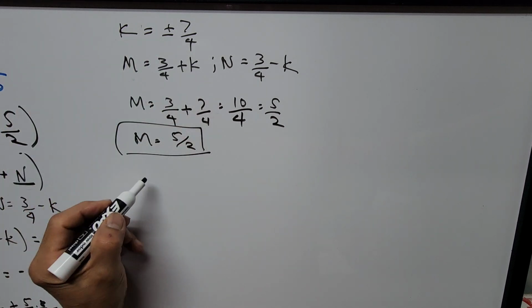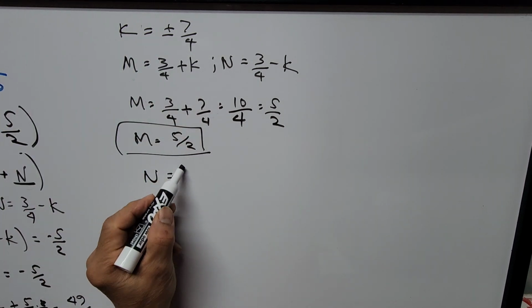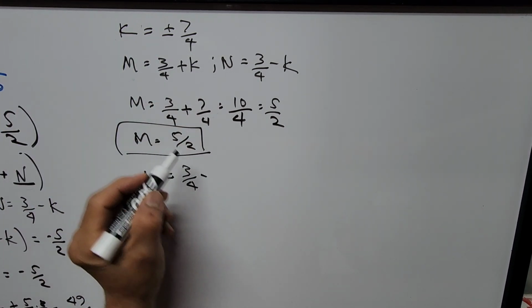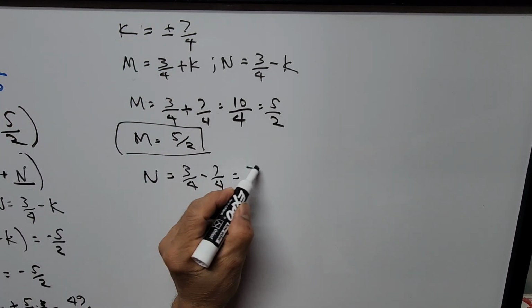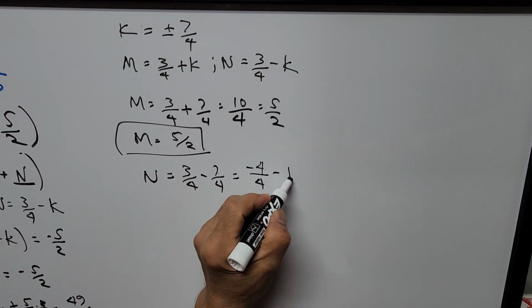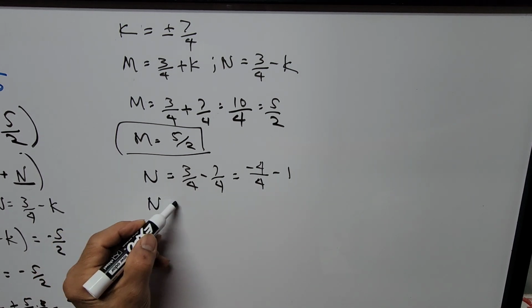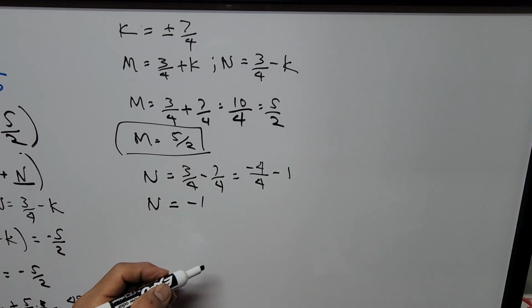Looking for the value of n, it is equal to 3/4 minus 7/4. This is equal to minus 4/4 or negative 1. So n is negative 1. Now we can find our factors.